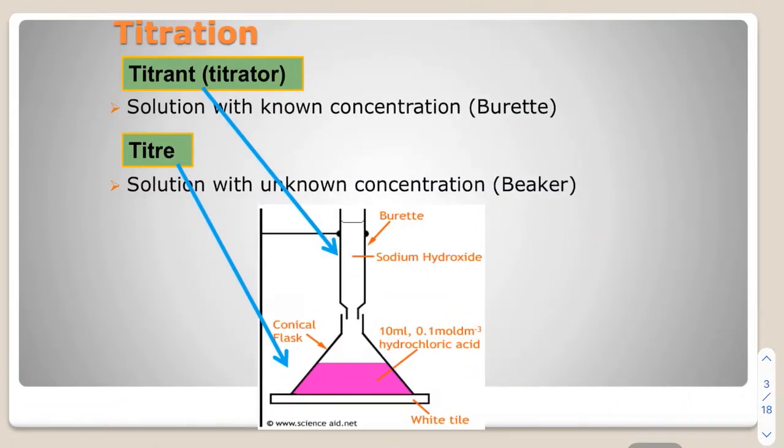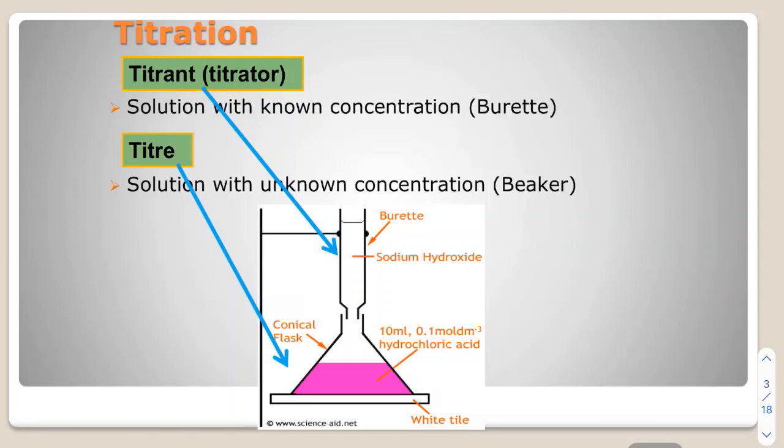Okay, so in the titration, the solution whose concentration we know, normally in the burette, is what we call the titrant. The titer is the solution with the unknown concentration, located in the beaker. But it is not necessarily the case that the known one is in the burette and the unknown one in the beaker.